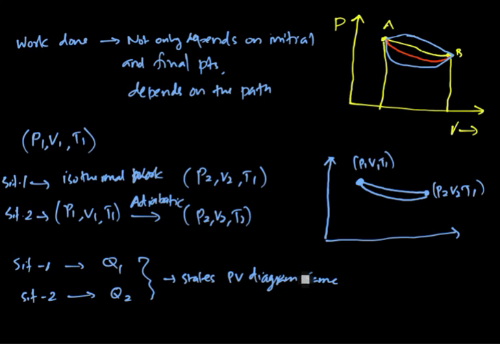That means these two functions depend upon the intermediate states through which it passes, or otherwise we can say the path of the process.